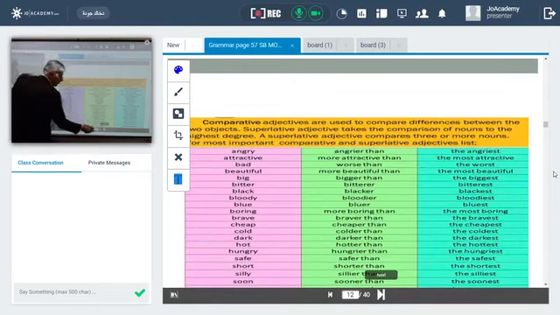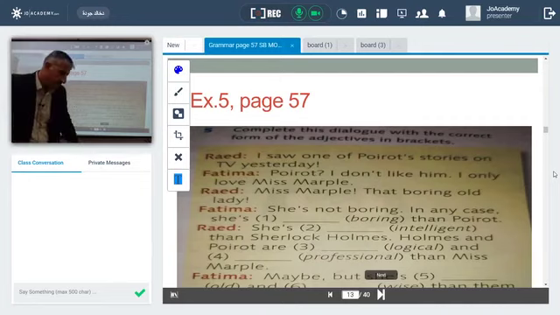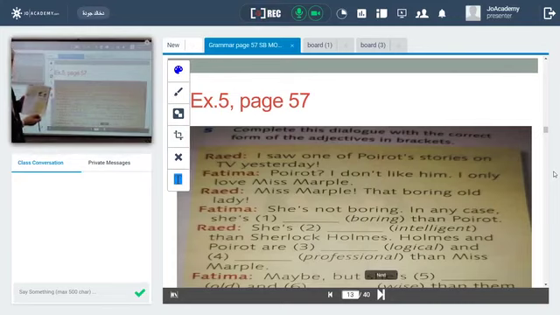Let's move next to exercise 5, page 57. Okay, let's look at page 57, exercise 5. Here, as you can see, we need to complete the dialogue with the correct form of the adjectives in brackets.